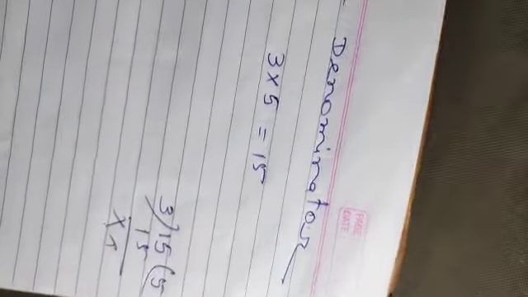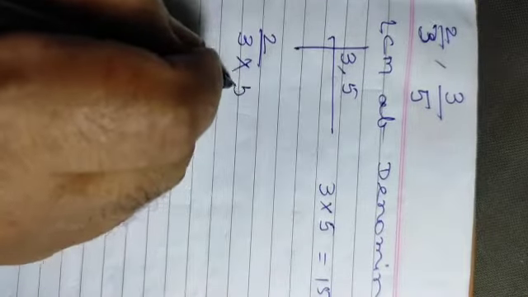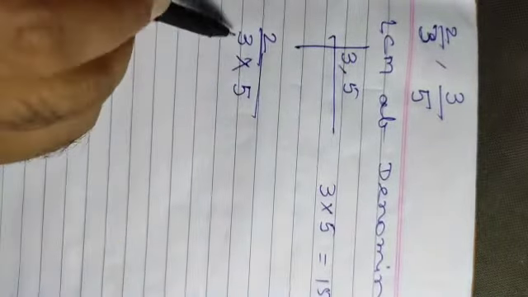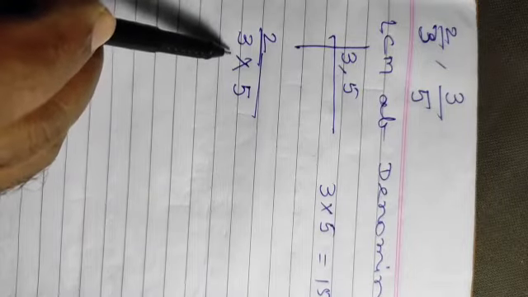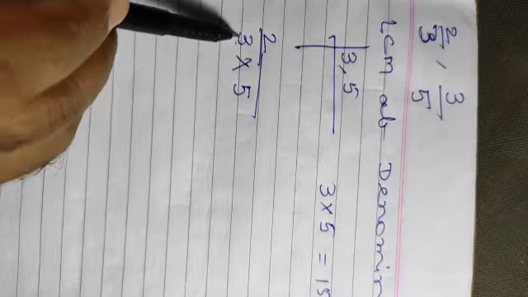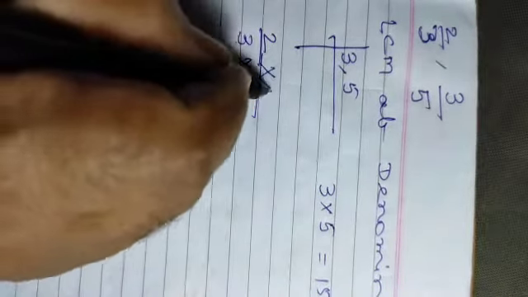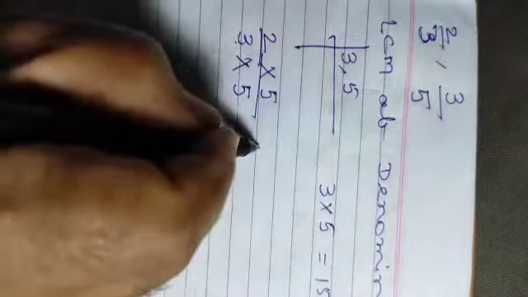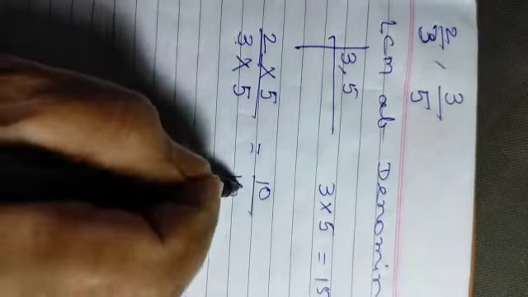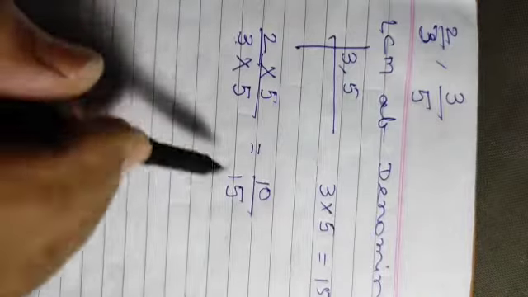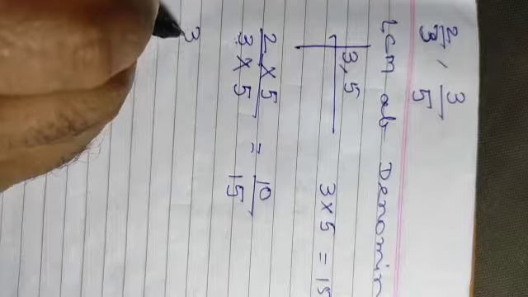It means if we multiply 3 by 5, we will get 15. See here, 3 multiplied by 5 becomes 15. But since we are multiplying the denominator by 5, we must multiply the numerator also by 5. It will become 10 by 15. So 2 by 3 can be written as 10 by 15. Now again 3 by 5.